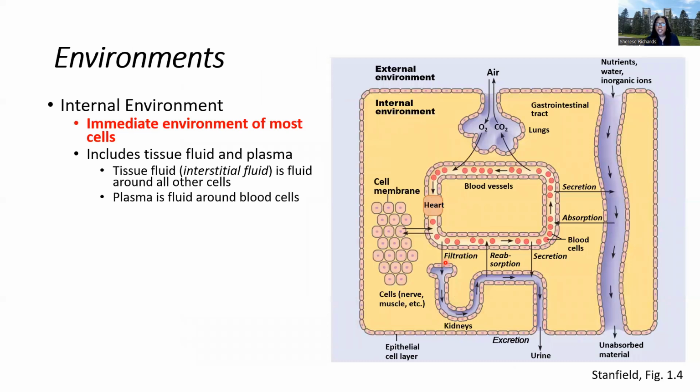So let's describe some of the features of the internal environment. It is the immediate environment around most of our cells. It's going to include all of our tissues. So we know tissues are the large building blocks of our organ systems. They are comprised of cells. Interstitial fluid, which is the fluid around the tissues, as well as plasma, which is the fluid around the blood cells.